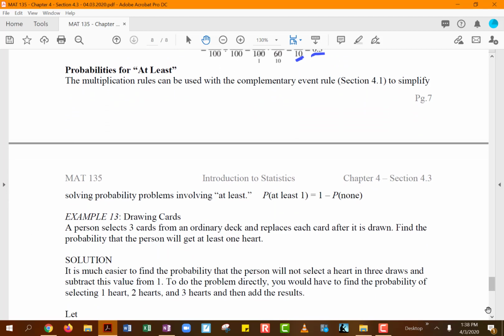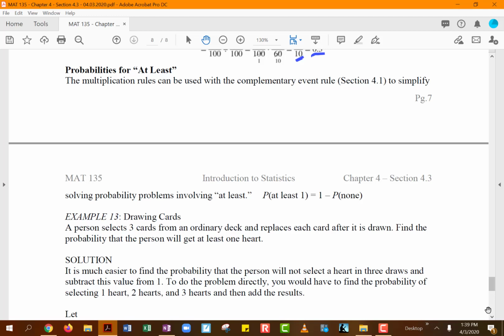So complementary events, remember, if the probability of getting an ace from your deck of cards was the main event, then the complementary event would be the probability that you're not getting an ace when you pick a card from your deck of cards, right?